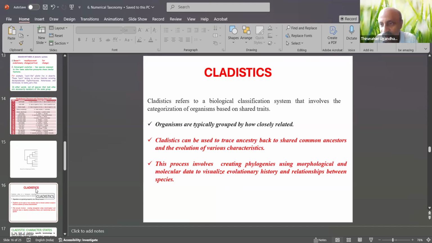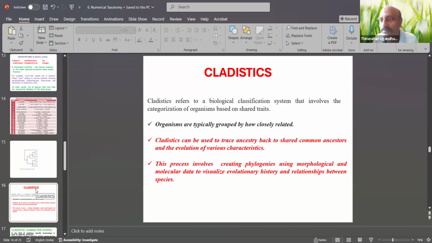Which characters are based on close relationship? Based on the leaf shape, leaf structure, venation, leaf margins, leaf tips, leaf borders, and several other characters of the leaf, and vegetative or reproductive parts such as the androecium and gynoecium.